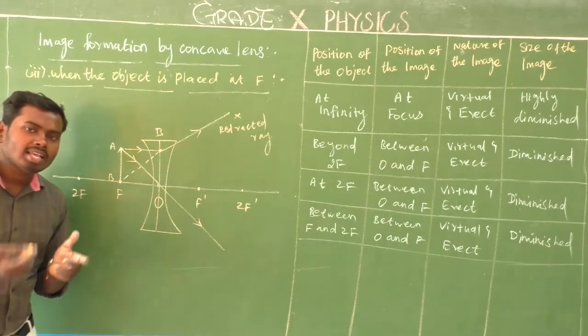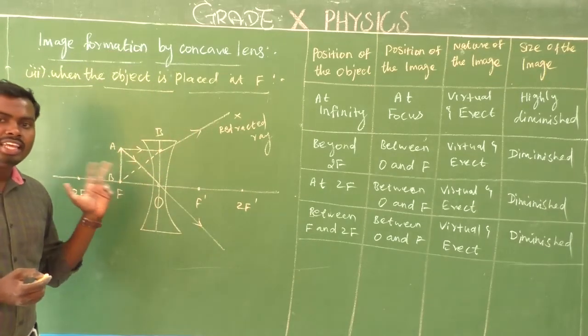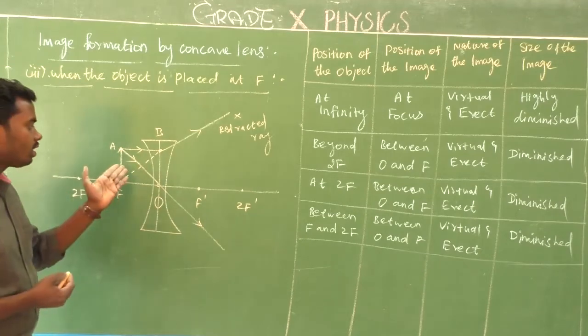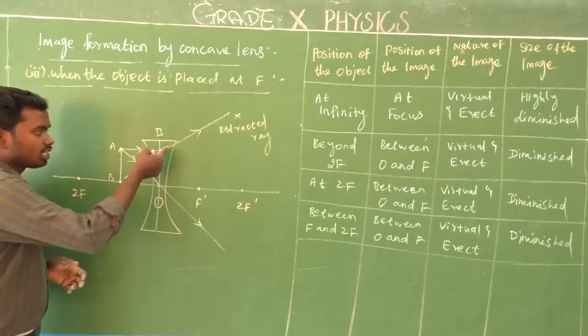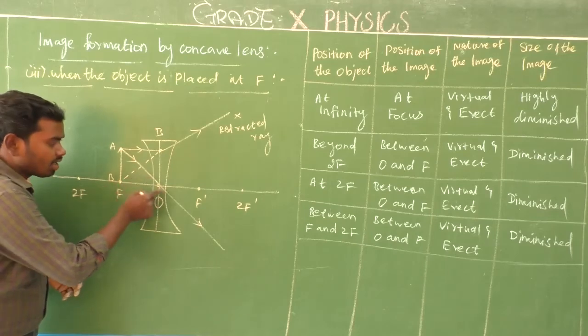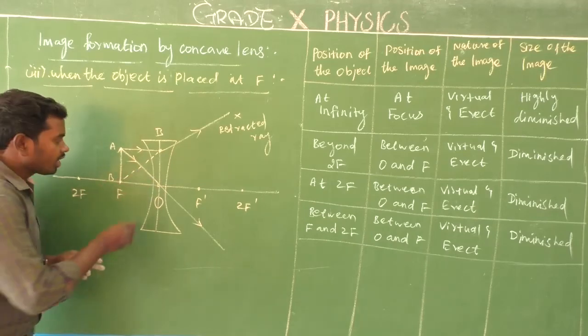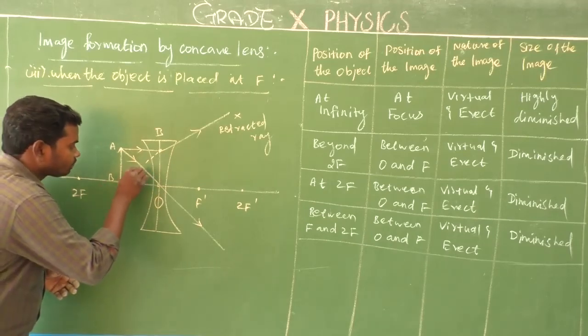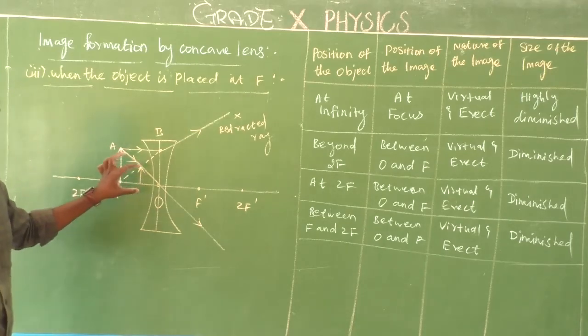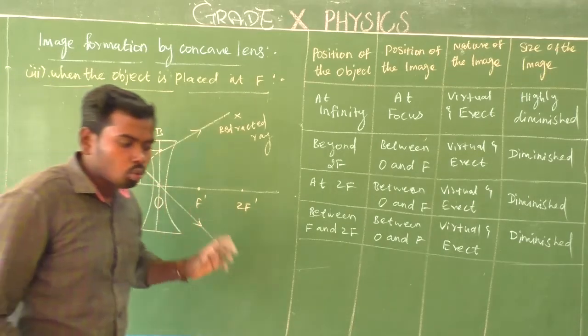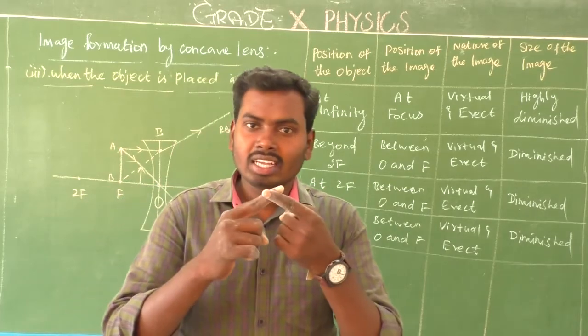Now I am going to ask the question: where will the image be formed? This is one refracted ray, and this is another. When two rays of light intersect together, there will be image formation. Actually, here the two refracted rays never intersect together.